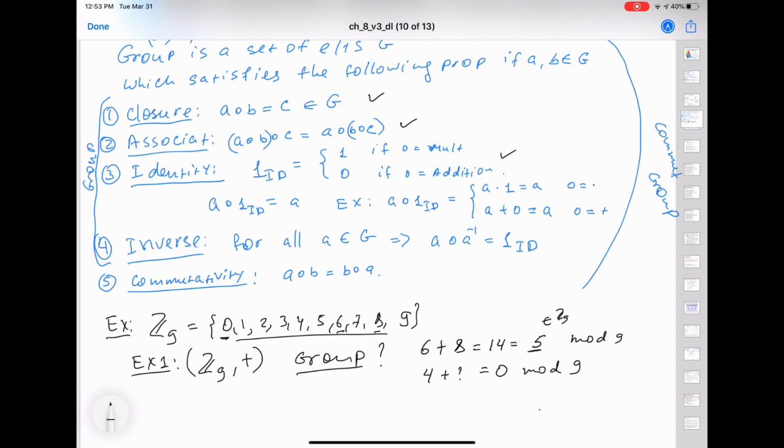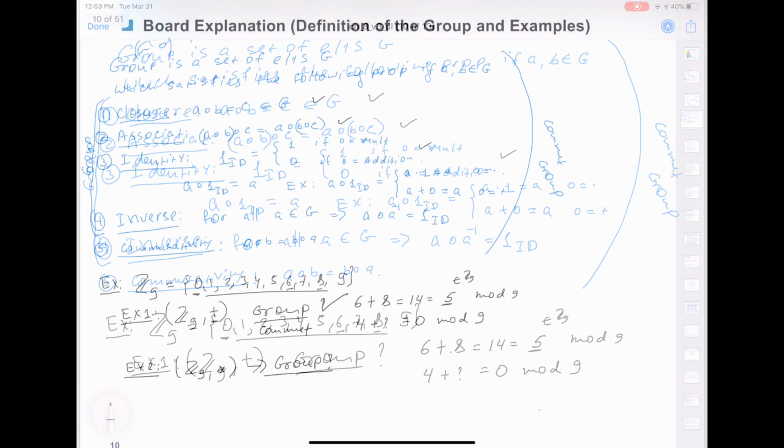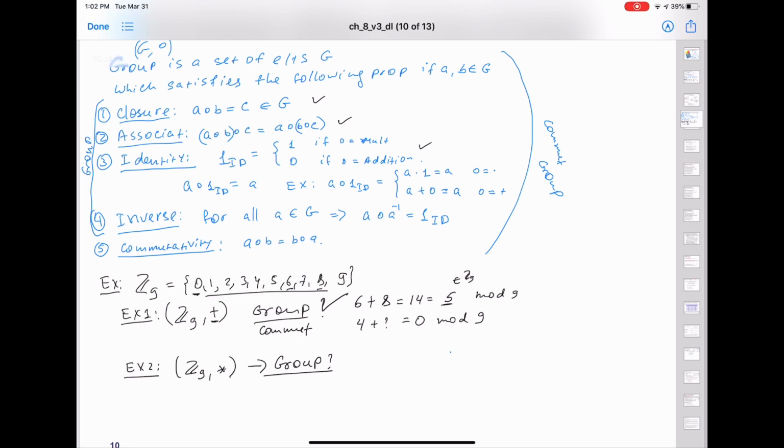For example, if you give me 4, 4 plus 5 will give you 0. So Z9 under addition is a group because it satisfies all the conditions. It's not just a group, it's also a commutative group. In this example, in order to make 0 you could add 5, and 5 is in there.